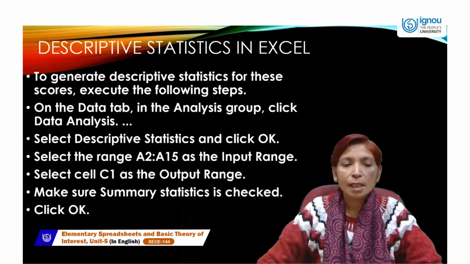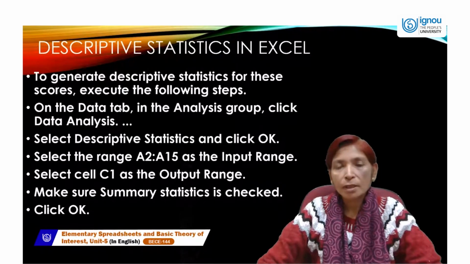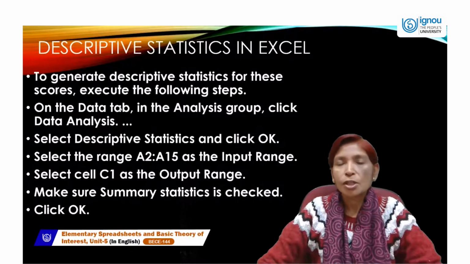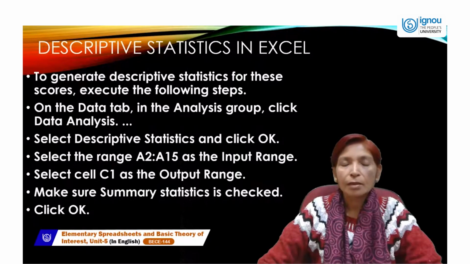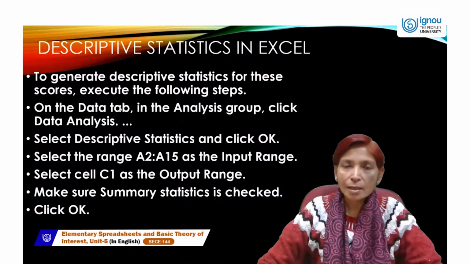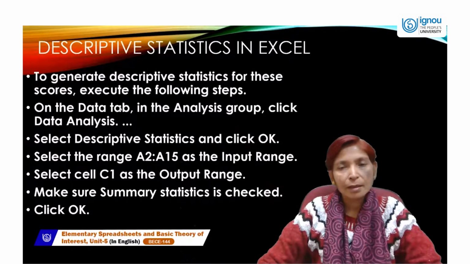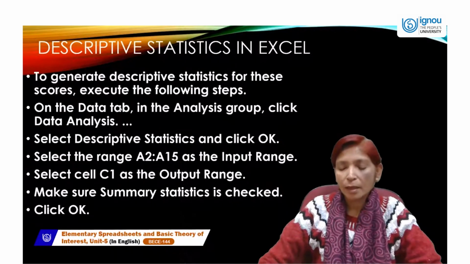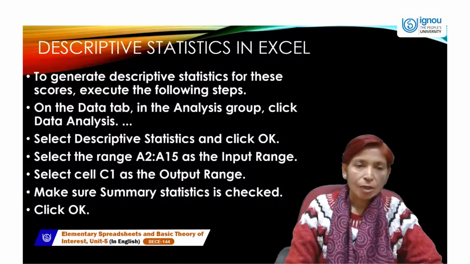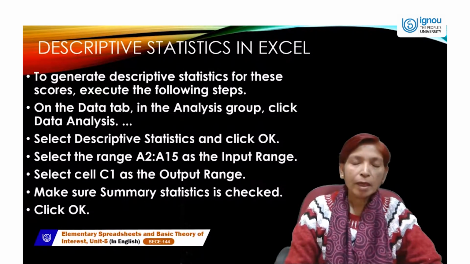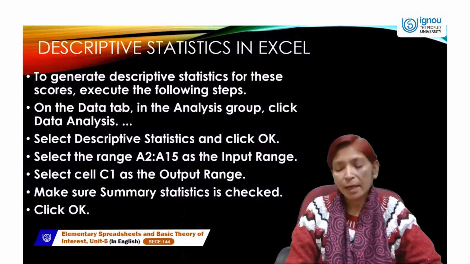Select cell C1 as the output range. Make sure Summary Statistics is checked, then click OK. In this way, we can organize the data in Excel, and after that we can summarize the data. So descriptive statistics can be done with the help of this Excel program.